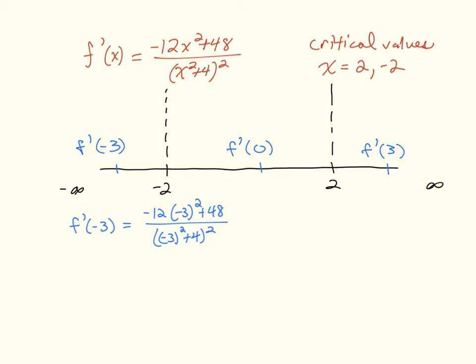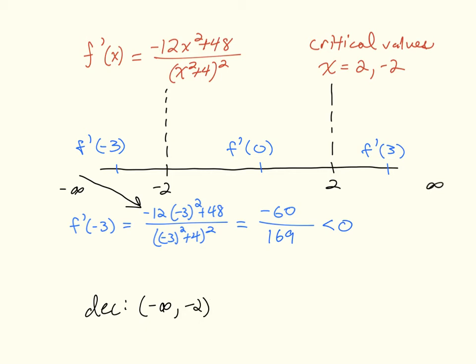When the numerator is computed, negative 60 is what you get in the top, and when the denominator is computed, it will be 169. This is something that is less than 0, so I will know that the interval where negative 3 is contained will be decreasing. So in the answer down here at the bottom, the original function is decreasing on the interval negative infinity to negative 2.